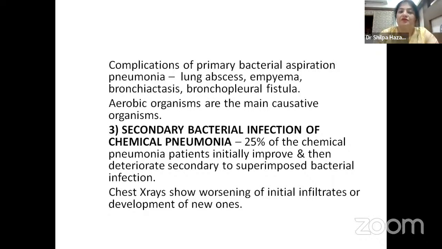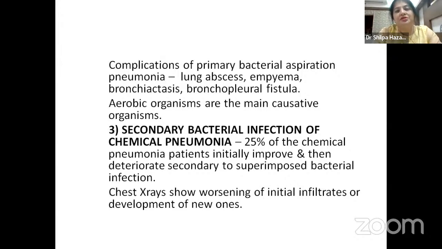So 25% of the chemical pneumonia patients initially improve and then later deteriorate because of superimposed bacterial infections, and the chest x-ray shows worsening of initial infiltrates or development of new ones.